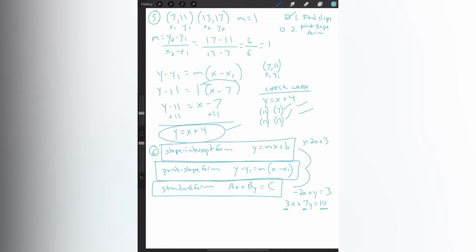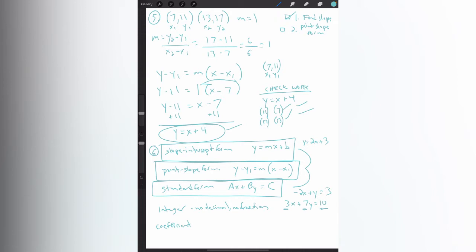Okay, so we've explained what standard form is, but now it's asking for integer coefficients. What's an integer and what's a coefficient? This is a bit of a review, but an integer is a number with no decimal or no fraction.